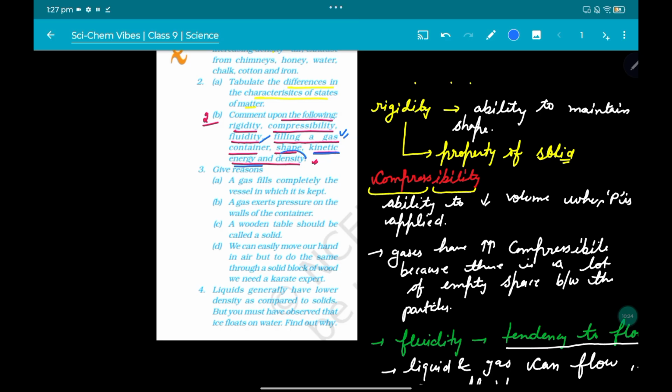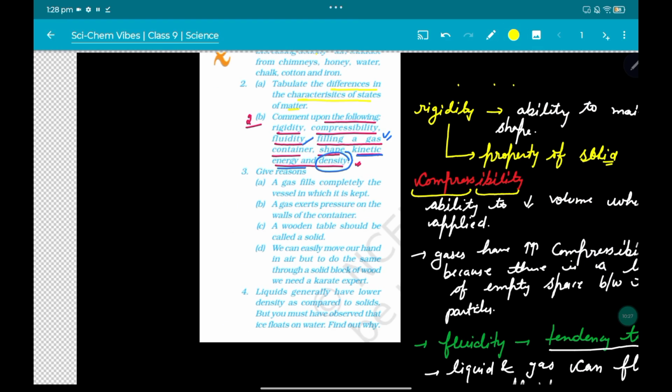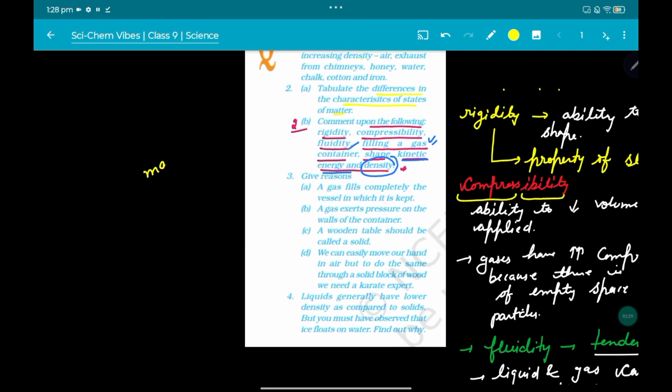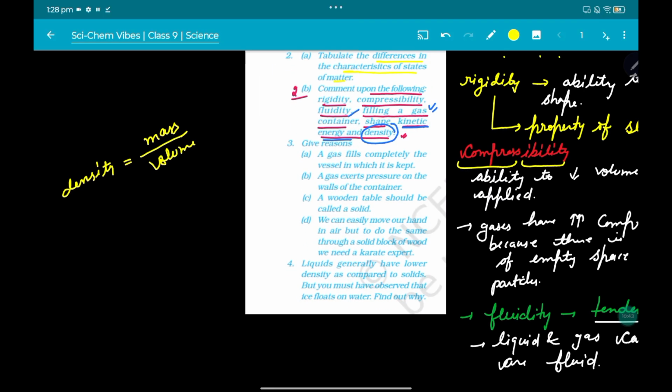Next one is density. Density is the mass per unit volume. It is a definition also. And what is its SI unit? The SI unit of mass is kg, and the SI unit of volume is meter cube.